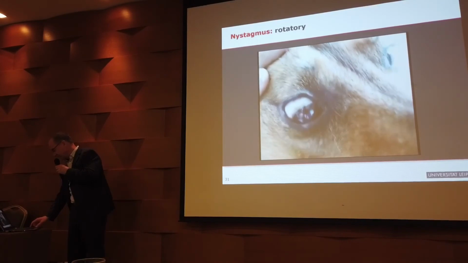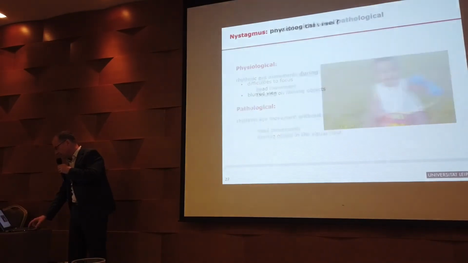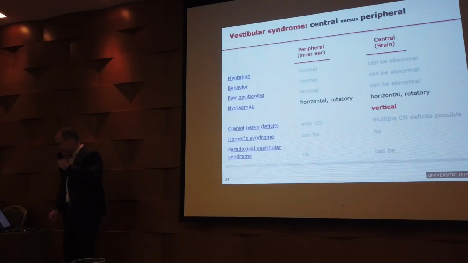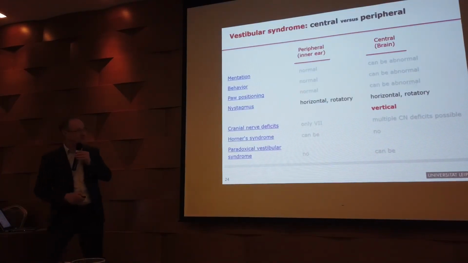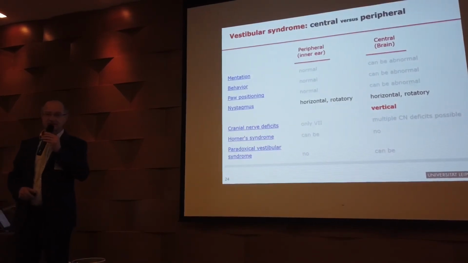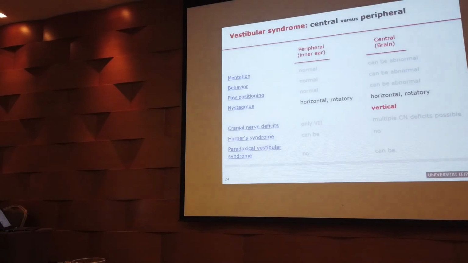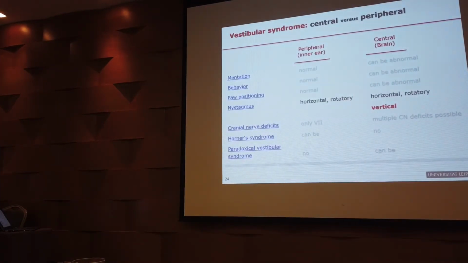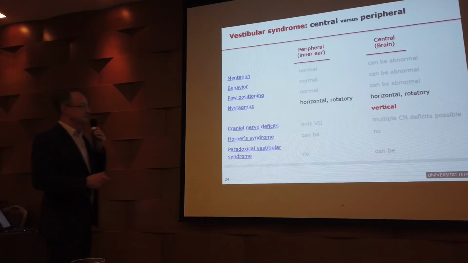We have to recognize those three types, because, now I go back to this slide, vertical nystagmus is only seen with central vestibular disease. You could say, if you see vertical nystagmus in a patient, you can stop your neurological examination because you know that there's brain disease. Obviously, I cannot make that recommendation as a neurologist, because you have to perform a complete neurological examination all the time.